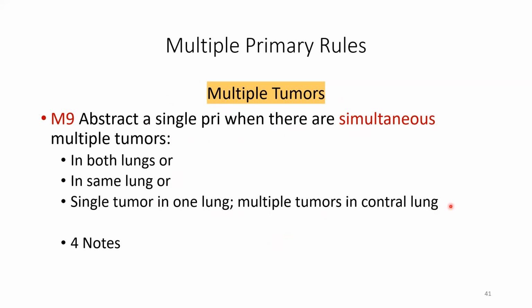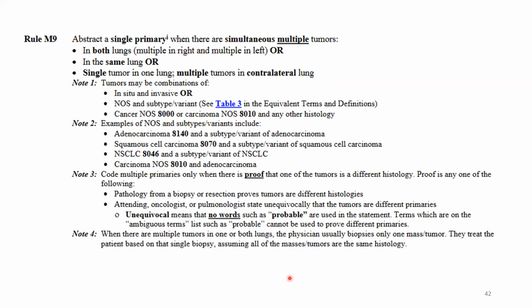Now, if you knew what the histologies were of those, you would have already answered yes to previous rules. So there are 4 notes that go along with this rule. And basically, jump clear down here to note 4.